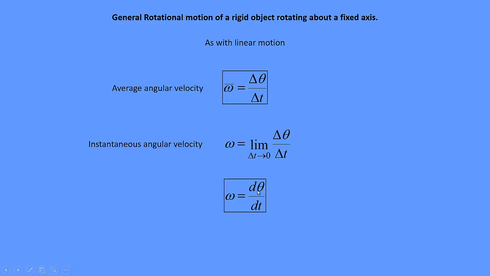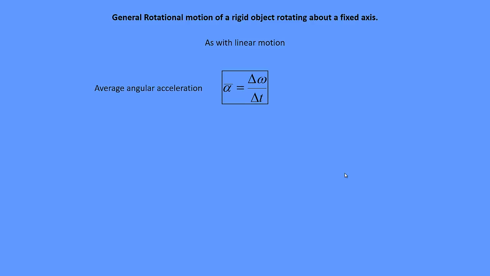So assuming that you have an angular position as a function of time, you can take the first derivative and get the angular velocity function, and you can evaluate that at any time t. Next, average angular acceleration is the change in the angular velocity over the change in the time.